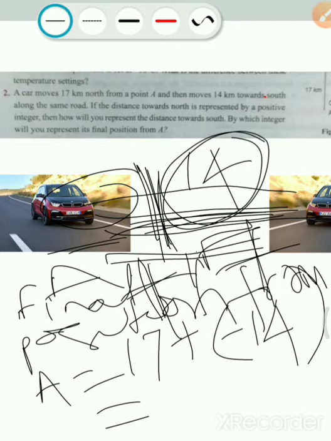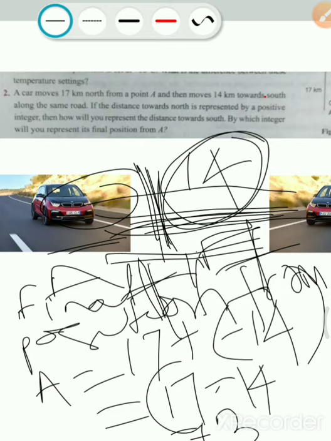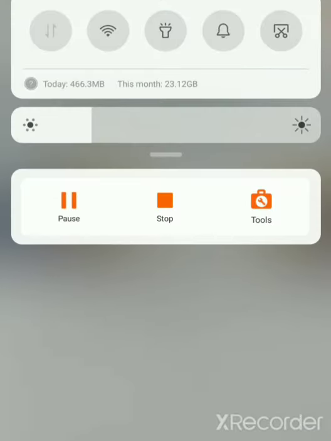Now see, 17 plus into minus, 17 minus 14 is what, student? 3, but here the bigger number has the positive sign, so this is plus 3 kilometers, or positive 3 kilometers from A. Clear? Good.